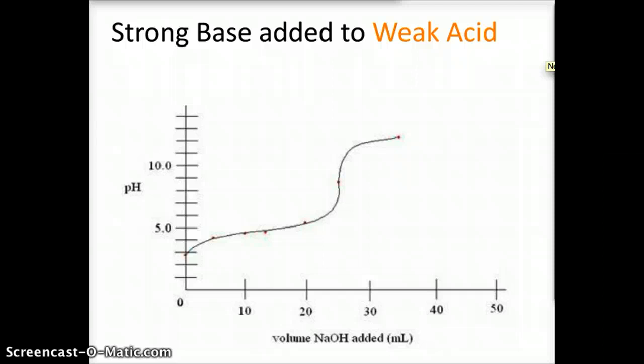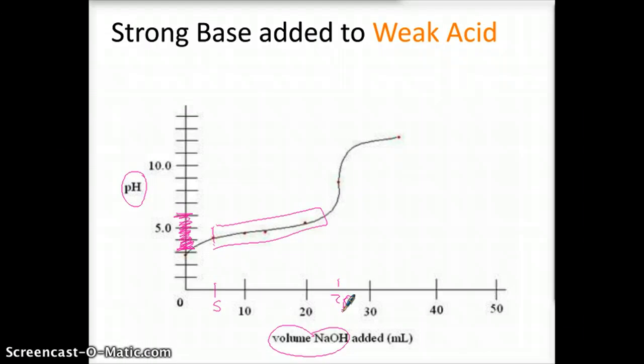Now things are a little bit different. This is still a titration curve because we have pH on the y-axis and volume on the x-axis. But you might notice something different. This line right here is a lot longer, and the pH in this region is not changing that much. It's a very small change in pH, even though you're adding, from 5 to about 25, 25 milliliters of base.